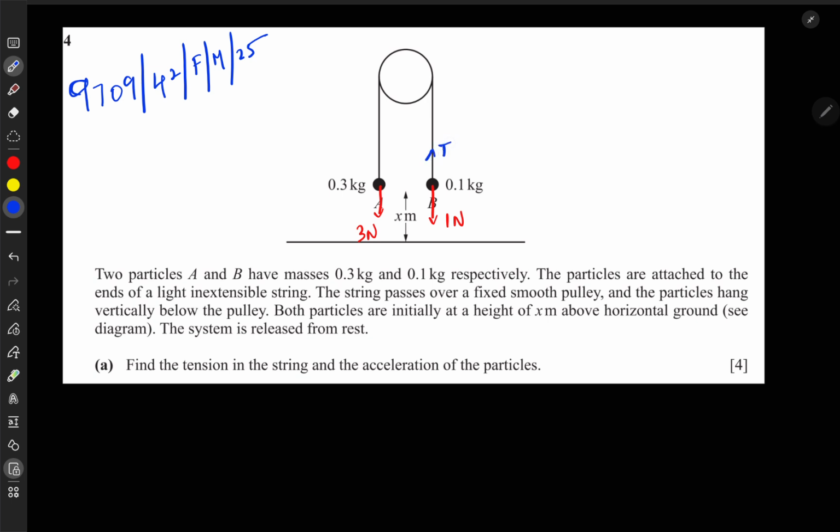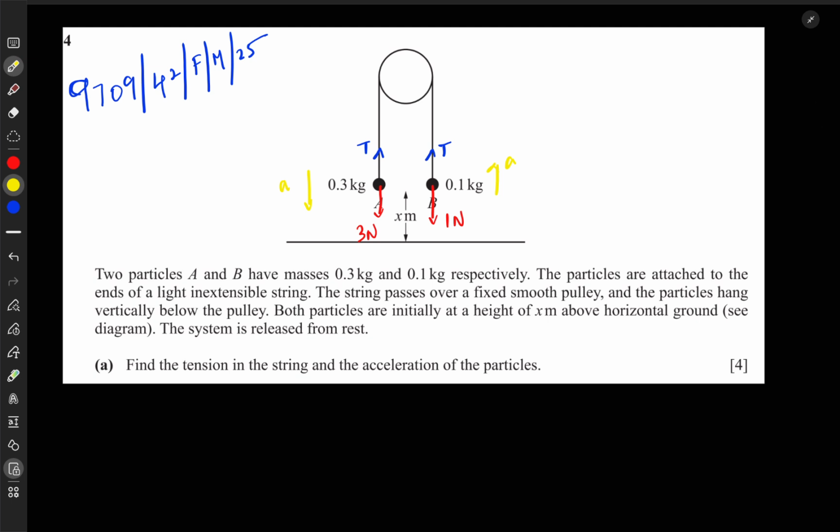Let me draw that tension on both. A will go towards down, and B will go towards up, so the acceleration for A will be downward and for B upward.